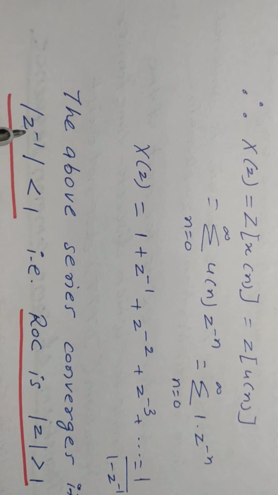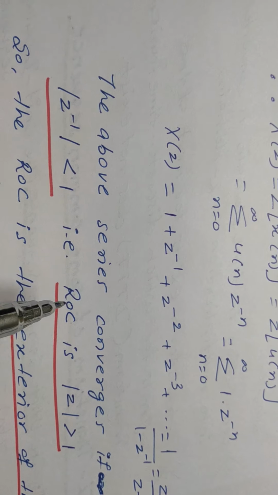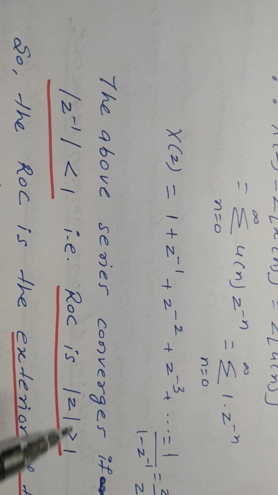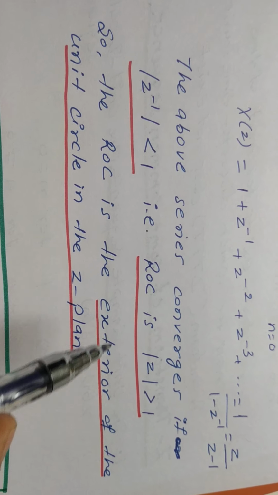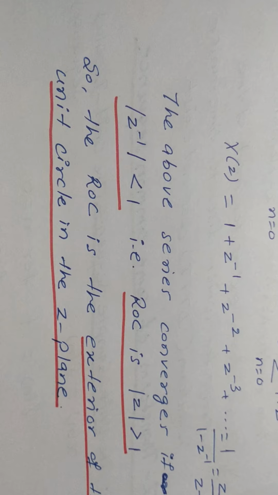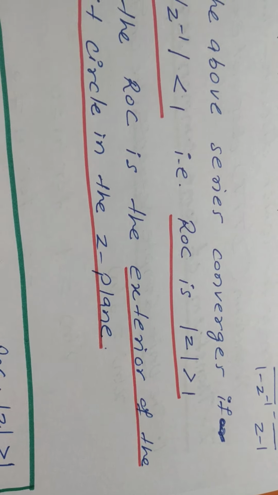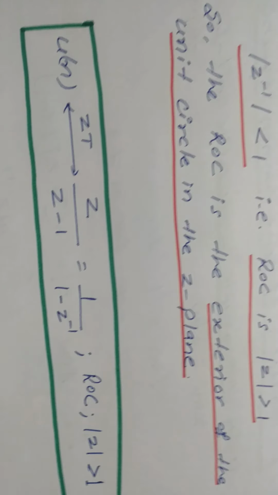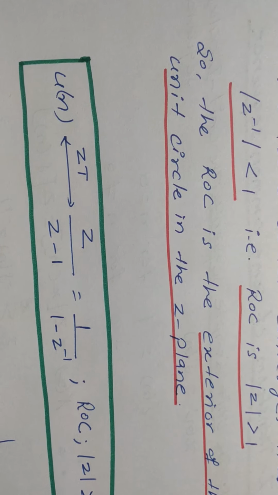So from here itself we can define our ROC. That is, ROC can be written as mod of z greater than 1. So the ROC is the exterior of the unit circle in the z plane. Here we'll be plotting the ROC, which will be like this.